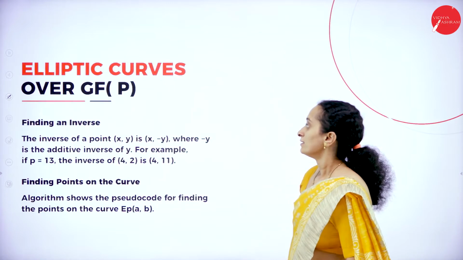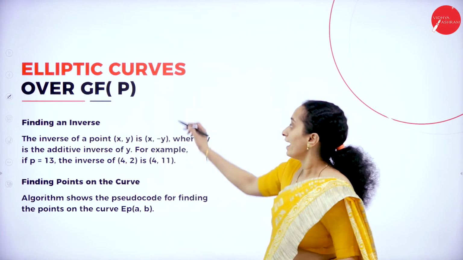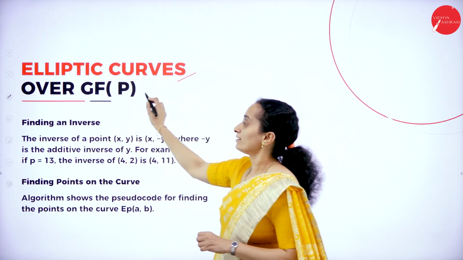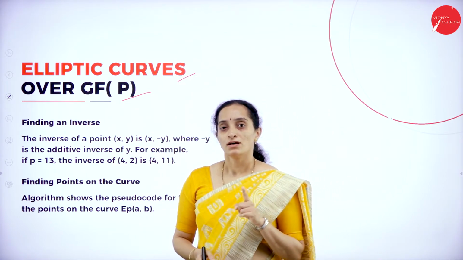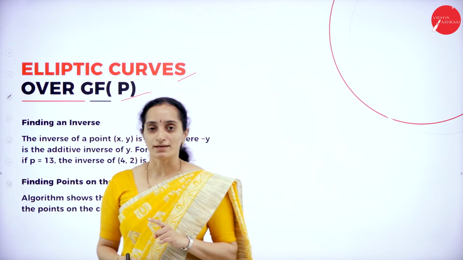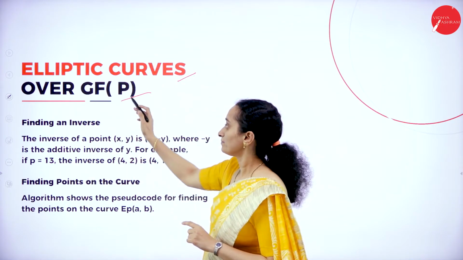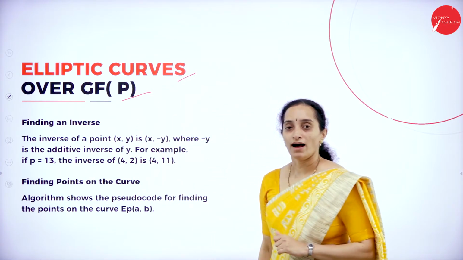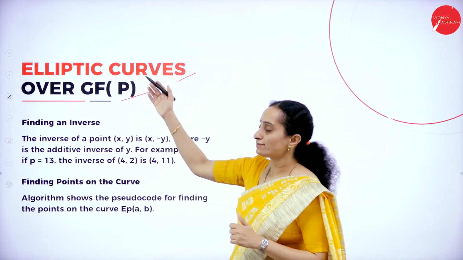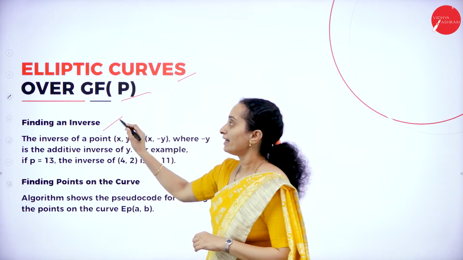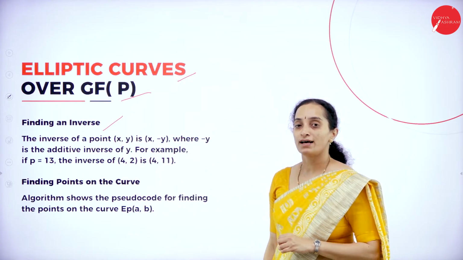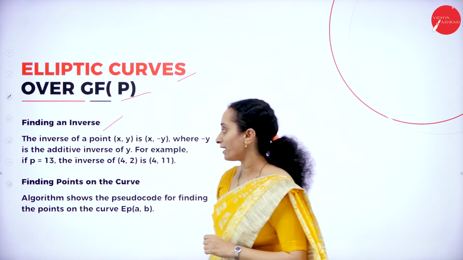Okay. Next we have the elliptic curves over the set of prime numbers. The first one was related to only real numbers, whereas the prime values are the next case where elliptic curve systems will be executed. In this, we have to find the inverse for the prime. Okay.